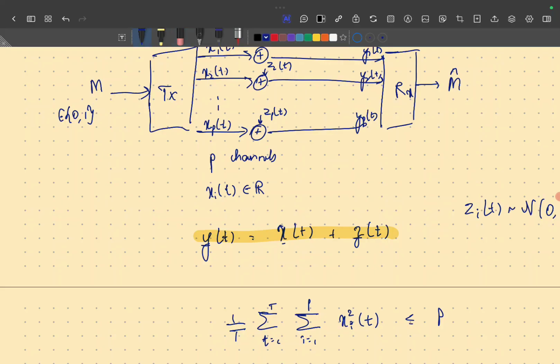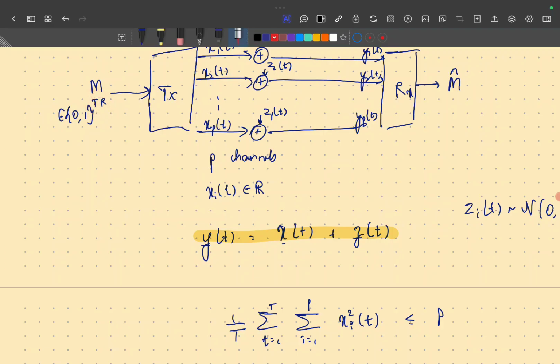And the goal is to design a communication system such that in these capital T time slots or capital T channel uses, you can transmit TR number of information bits.